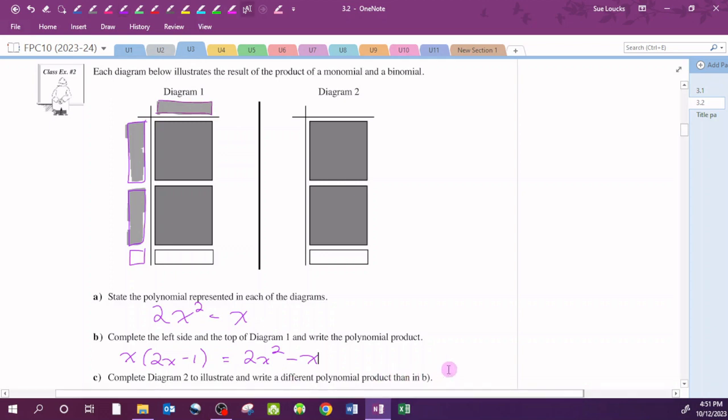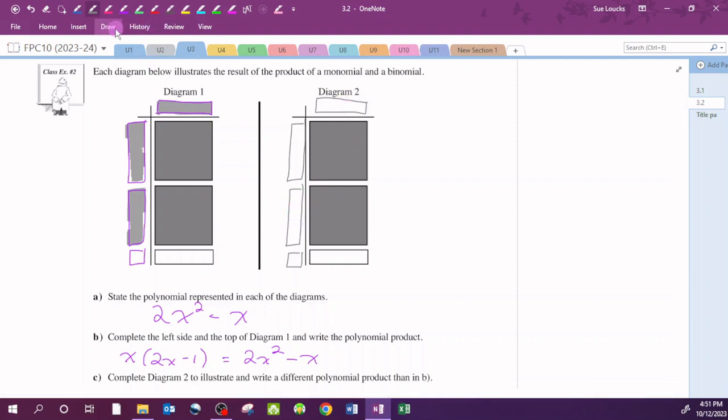Okay, and then we can do this in diagram 2, and we can do something different. This time, we have to do the same shapes because we have to have those gaps where the gaps are. But if we do this differently, if we make a negative times a negative, that is also a positive, and then negative times a negative is also a positive.